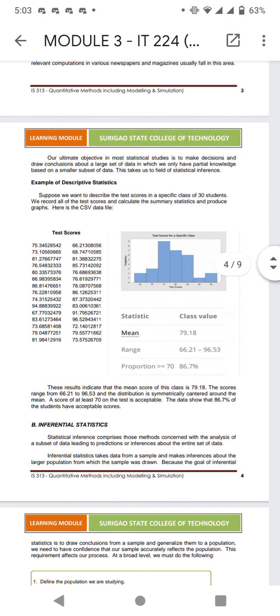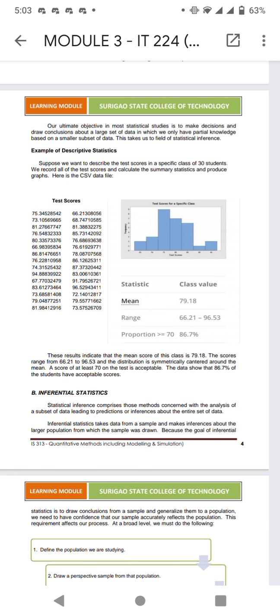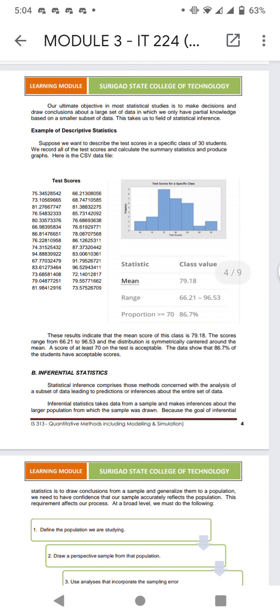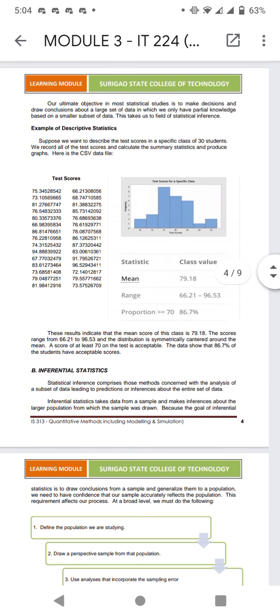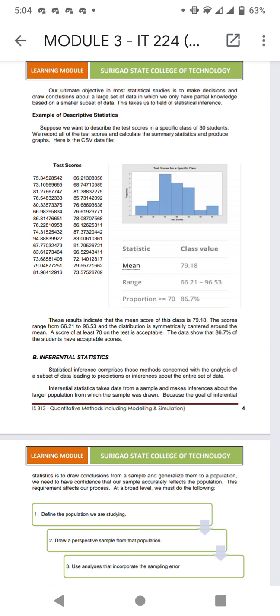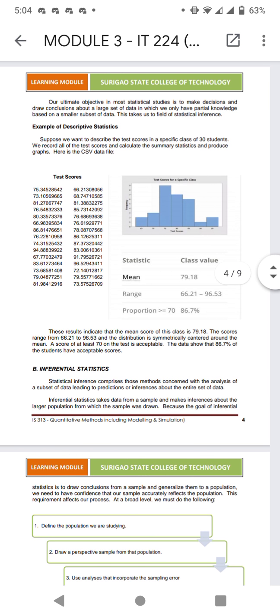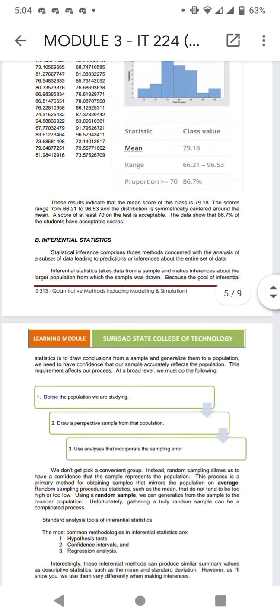Here is an example of descriptive statistics describing the mean, the range of each interval, and the proportion. These results indicate that the students have acceptable scores, 86.7% out of 70 students.